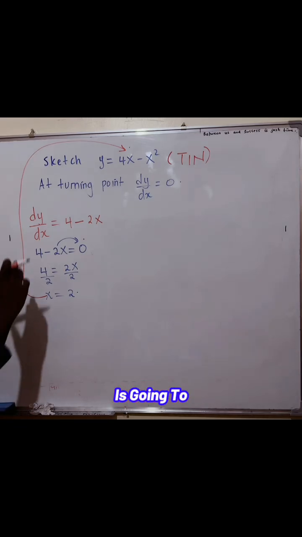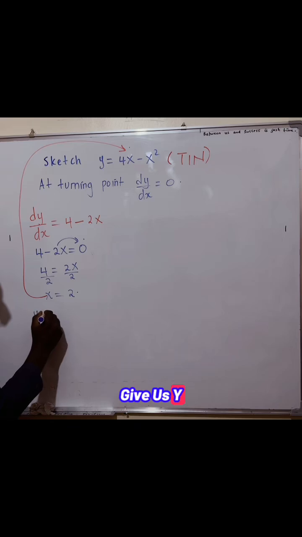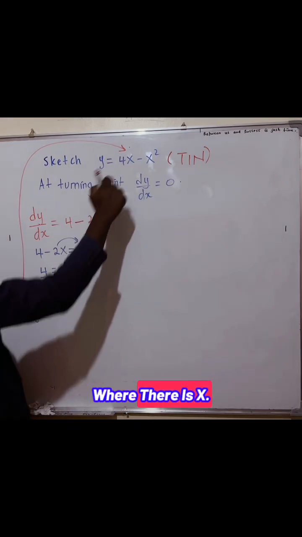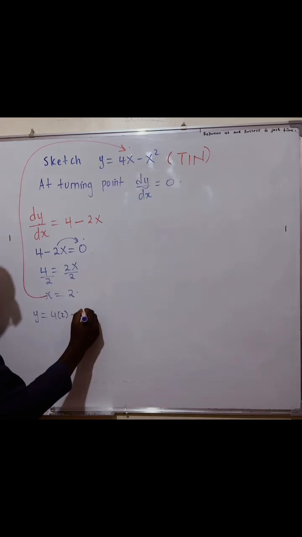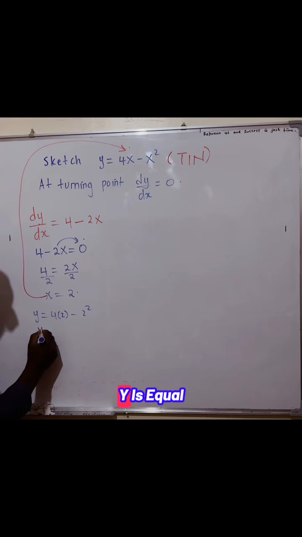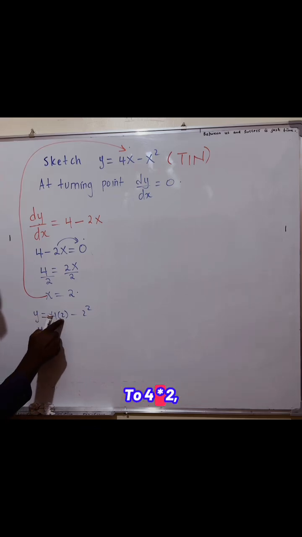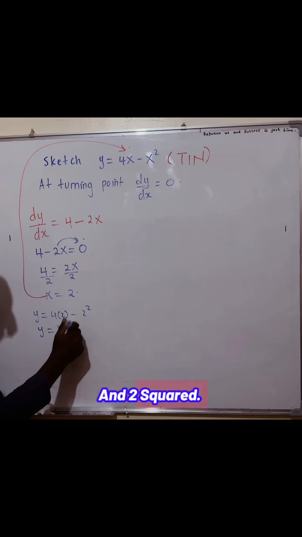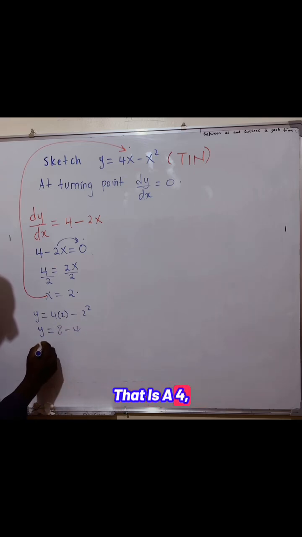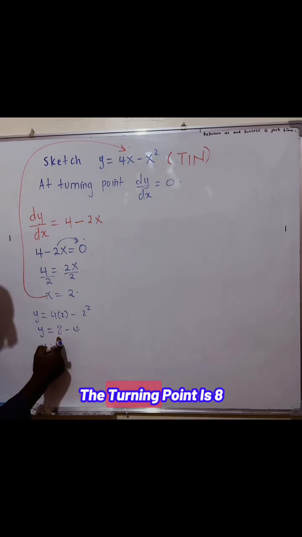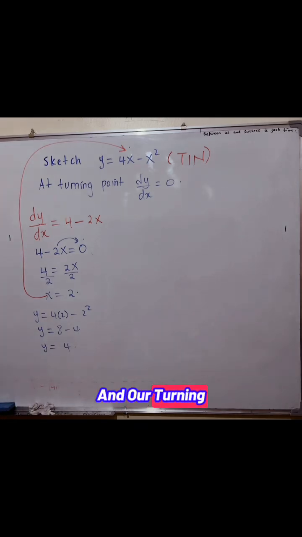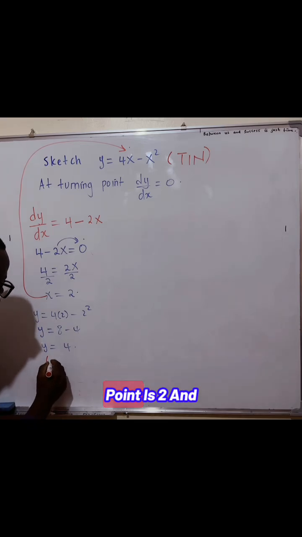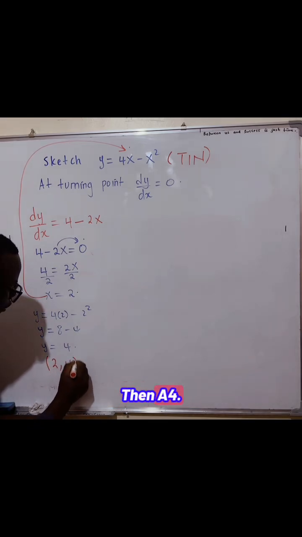This is going to give us y is equal to, where there is x, I substitute a 2. So y is equal to 4 times 2, that is 8, minus 2 squared, that is 4. Meaning that the y value at the turning point is 8 minus 4, that is a what? A 4. And our turning point is (2, 4).